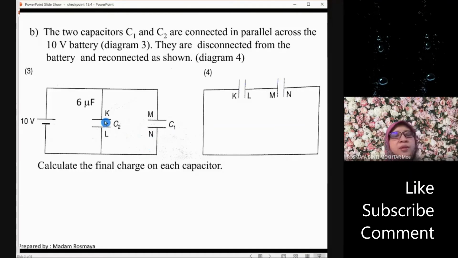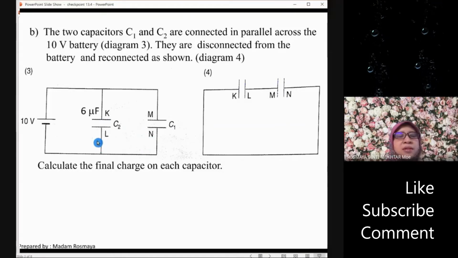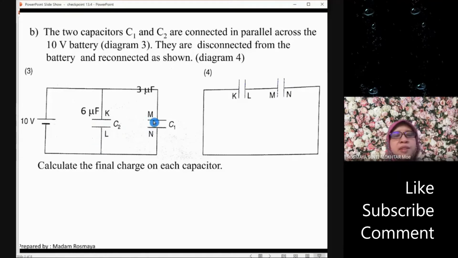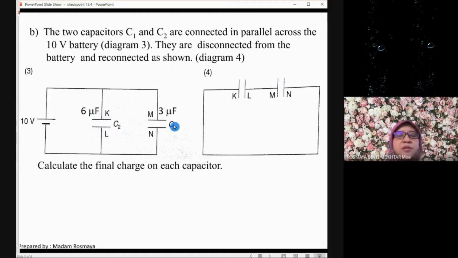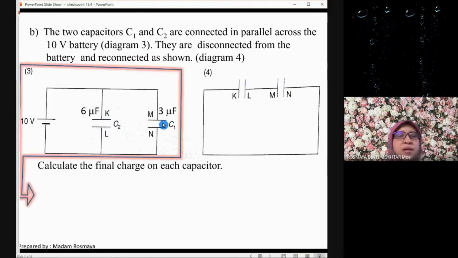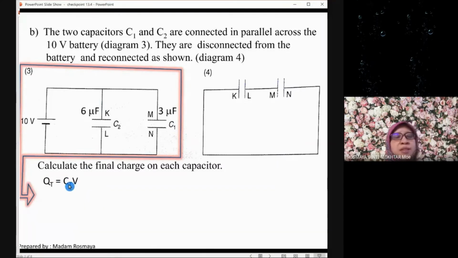So we calculate the total capacitance first, or effective capacitance. C2 has 6 microfarad, C1 has 3 microfarad. To calculate the total charge, we need to calculate the effective capacitance first.